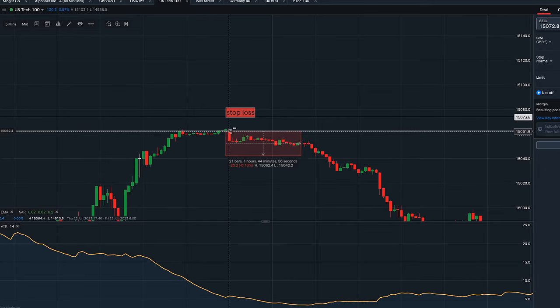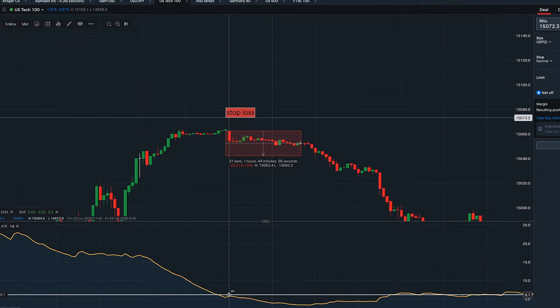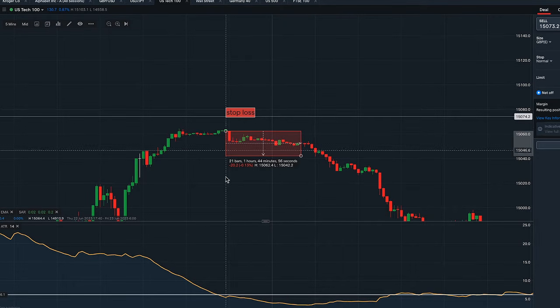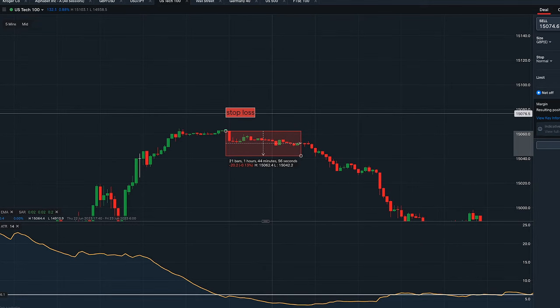So in this area, it's giving you 6. So for 1-to-2, what I'm going to do is risk 10 points though on this trade. So you risk 10 to get 20. So that'll be 1-to-2. It's the reward.